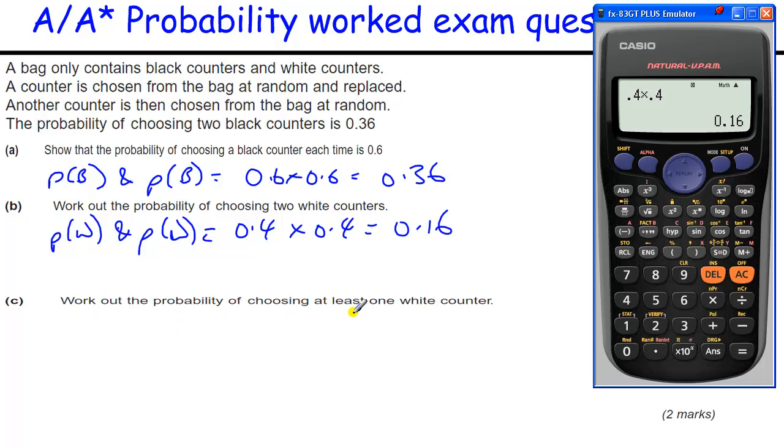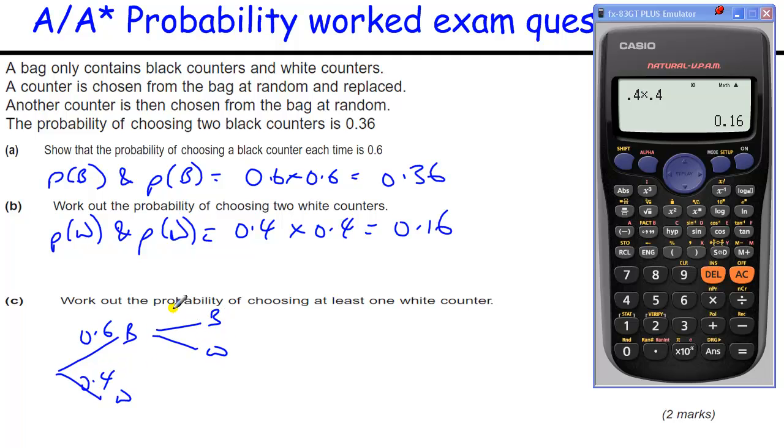Okay, work out the probability of choosing at least one white counter. So, back to our tree diagram, it's either black or white, 0.6, 0.4, and then black or white again, 0.6, 0.4. At least one white counter is this one and this one.